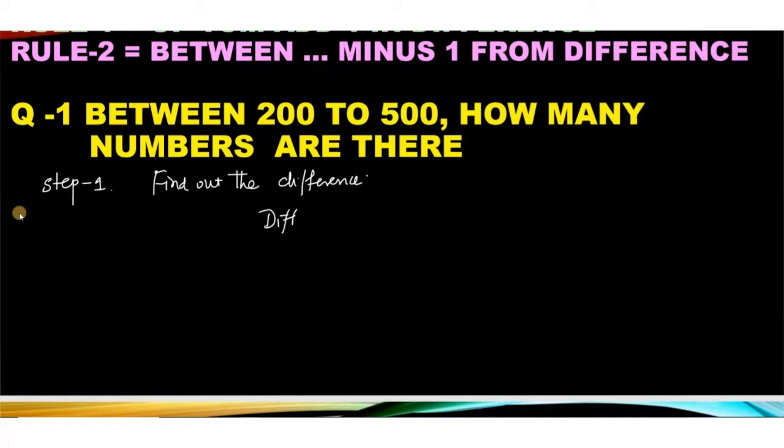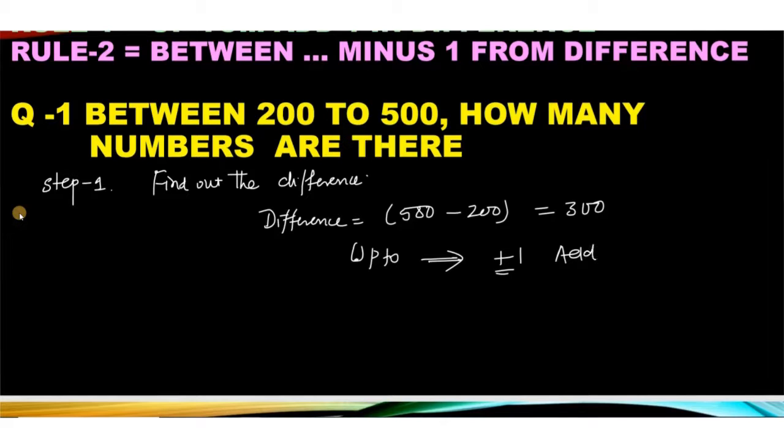So difference is equal to larger number minus smaller number, it is 300, right? And when up to is written, then what you need to do, you have to do plus 1, or add 1. And if it is asking for between, then what you need to do, you have to do minus 1 from the difference.